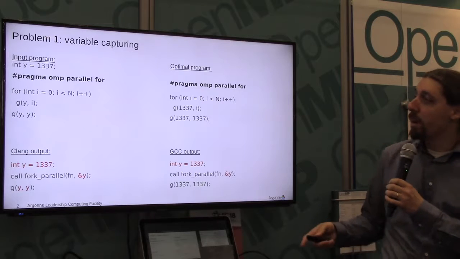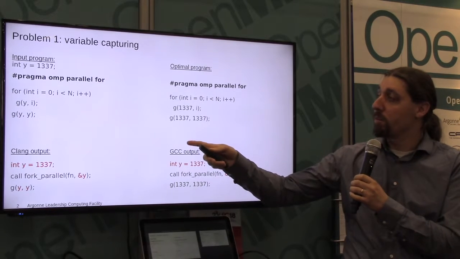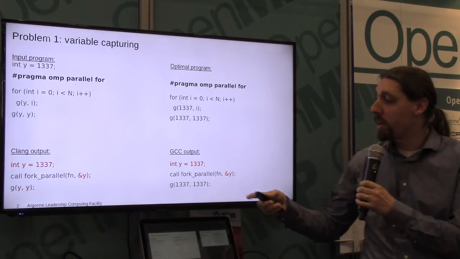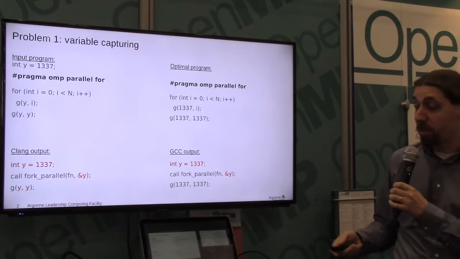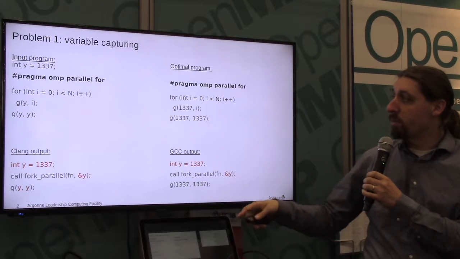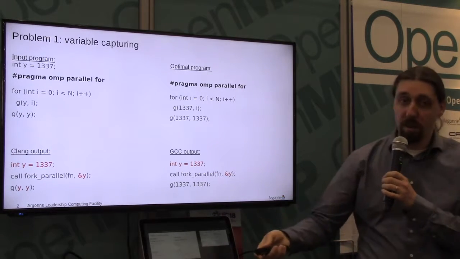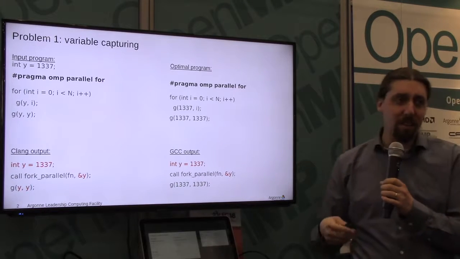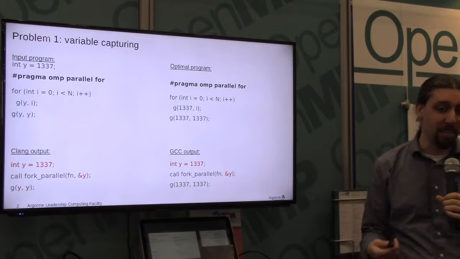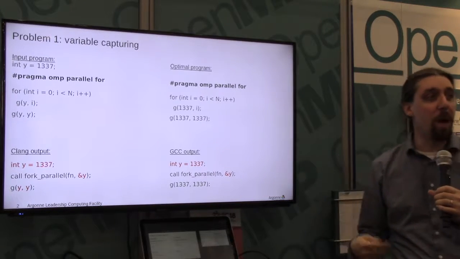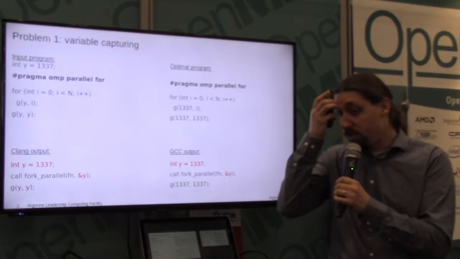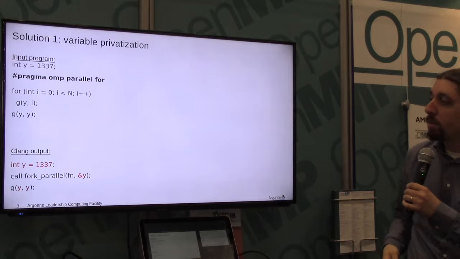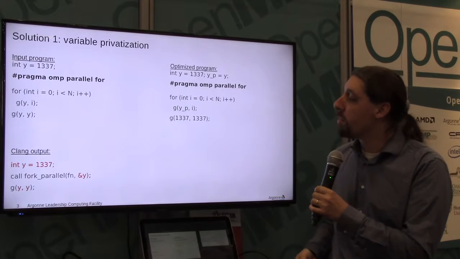And then later on, you see we're calling these various functions with y, and nothing changes y in this case. But what's being shown here conceptually is that once the compiler moves the code into this other function and calls it through the runtime library, the compiler internally loses track of the fact that nothing is changing y, and so stops doing this constant propagation. So this is just one of many examples of the kinds of things that can happen when you do this.